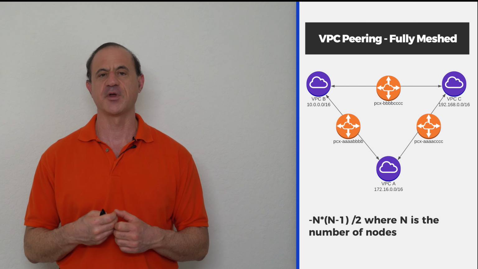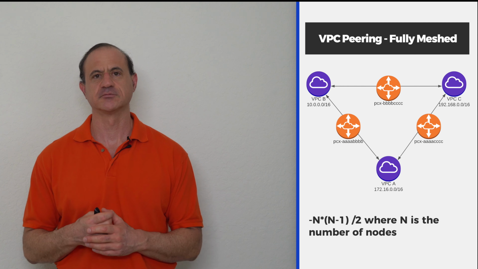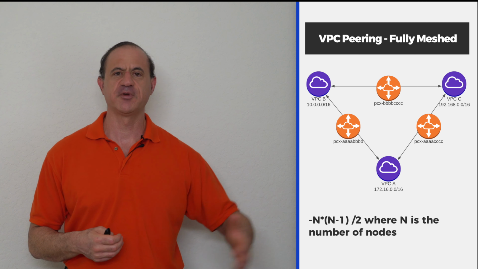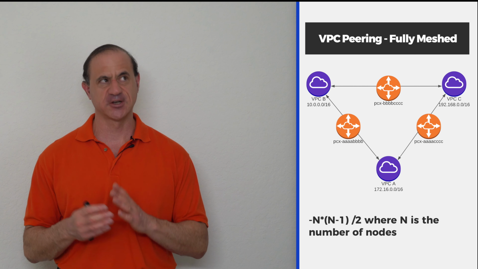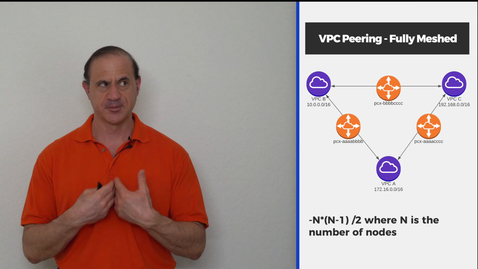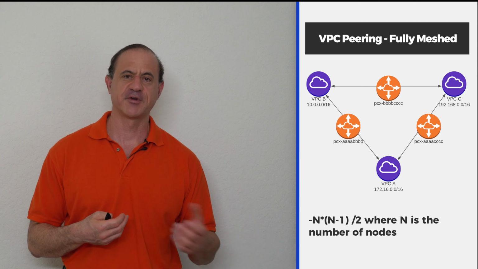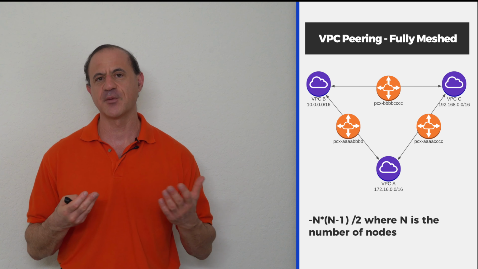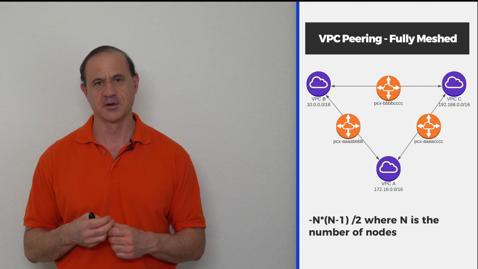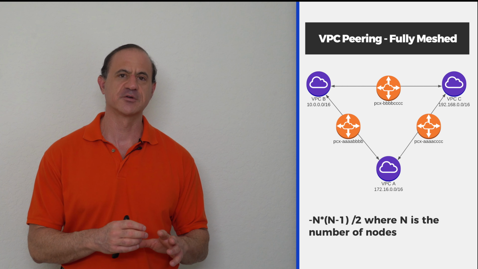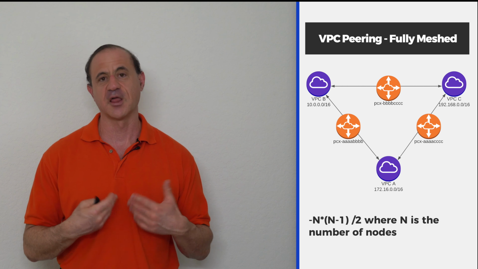So in this environment, as you can see, we have 3 VPCs which need 3 connections. Great. As we grow the number of VPCs, those number of connections are going to go up exponentially. So to put it into this case, if we have the 3 VPCs, we need 3 connections. Now let's say we have 10 VPCs that we're trying to peer. With these 10 VPCs we're going to try to peer, we're going to need a lot more than 10 connections.